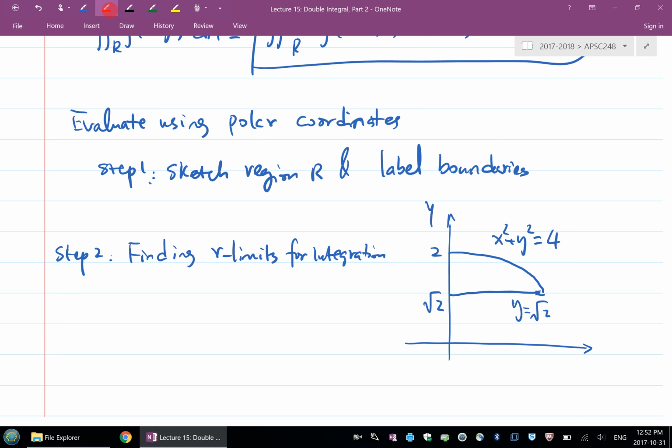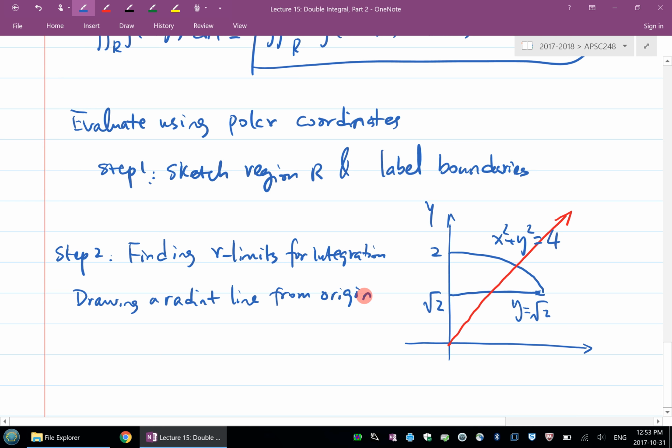Starting from the origin, you draw a radiating line out of the origin, across this region R. So that's the first step: draw a radiating line from the origin through region R.